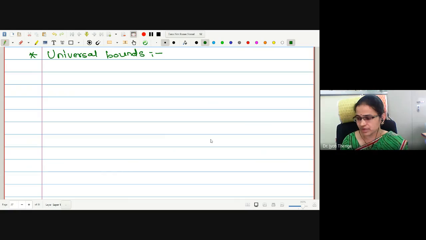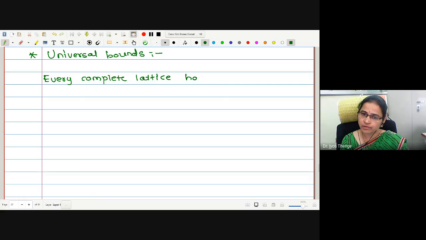Those least and greatest elements are called bounds or units or universal bounds, and the symbols we will use are 0 and 1. I think you have studied already what the least and greatest elements are. Kohli sir has taught you this.